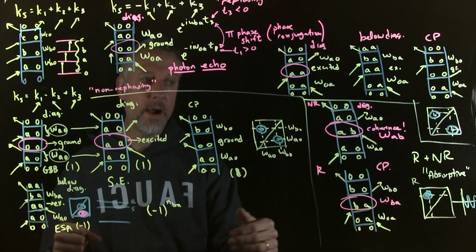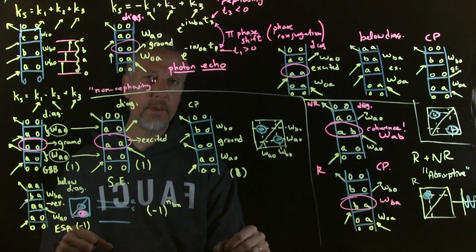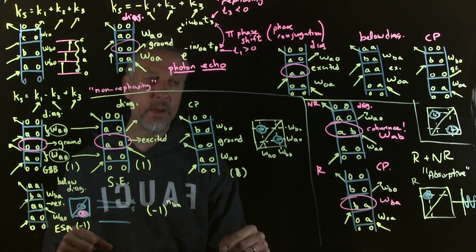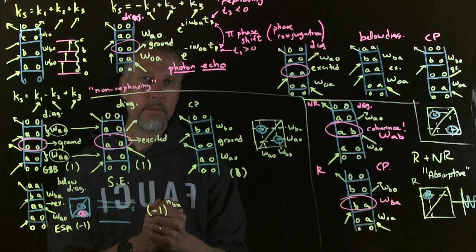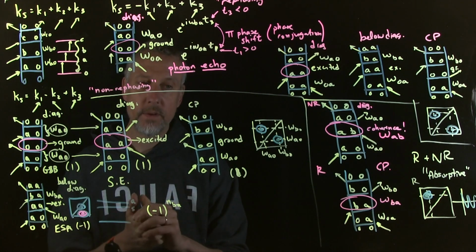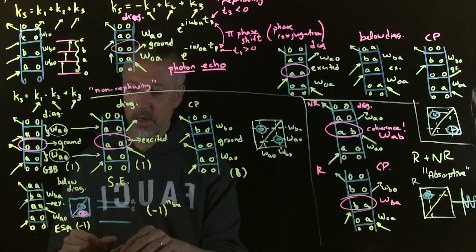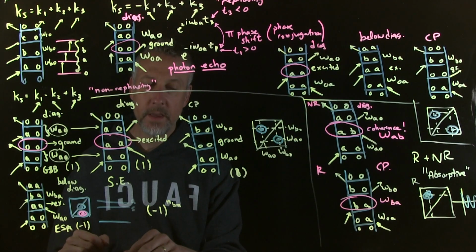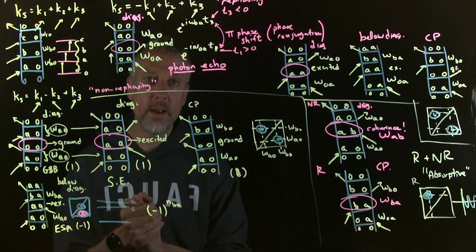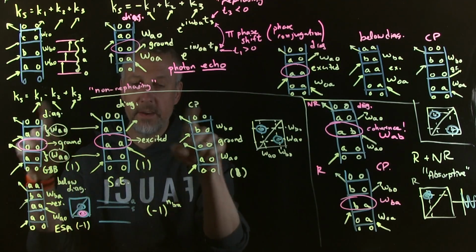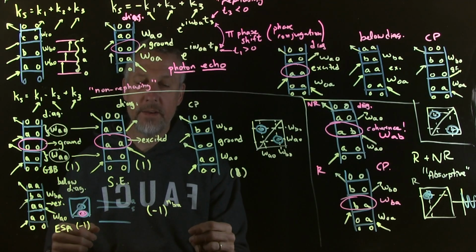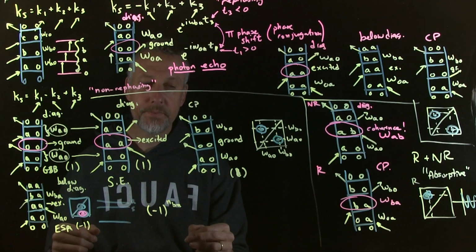And then a diagrammatic method to list all of the different terms in the perturbation theory expansion that you need to add together to make the signal that you detect or calculate, one or the other. And the nice thing is now I can go and look at a 2D spectrum and tell you exactly what all of the different peaks correspond to, as far as these different Feynman pathways or Liouville space pathways.